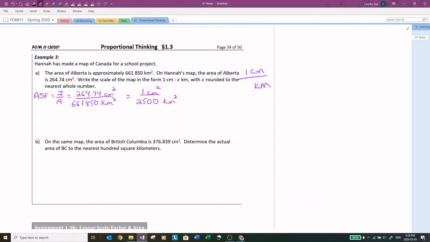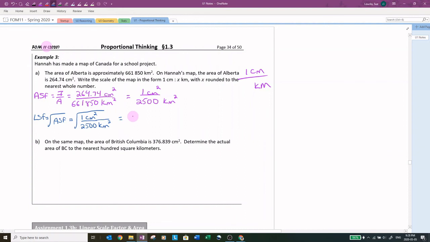All right, second step, we need the linear scale factor. So the linear scale factor is the square root of the area scale factor. So it's the square root of 1 centimeter squared over 2,500 kilometers squared.